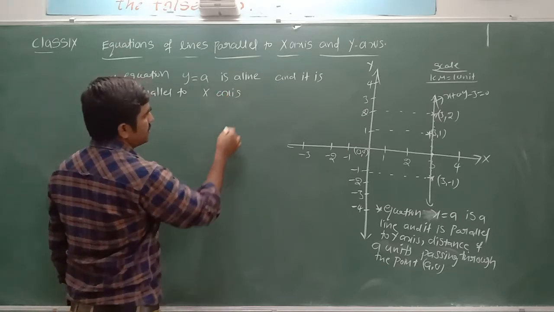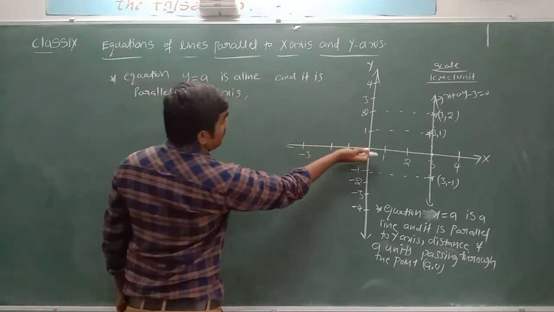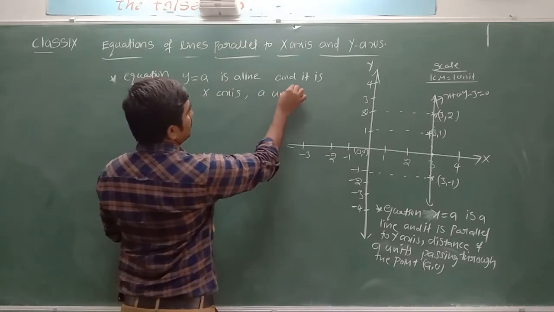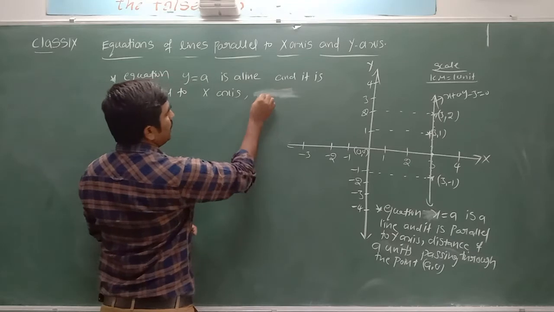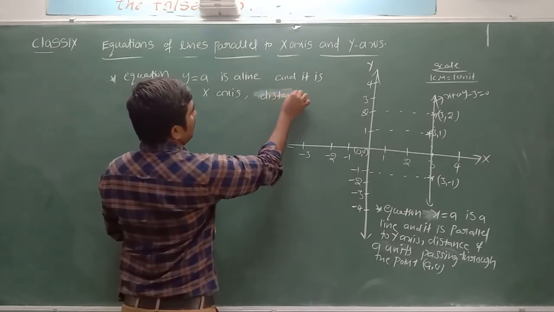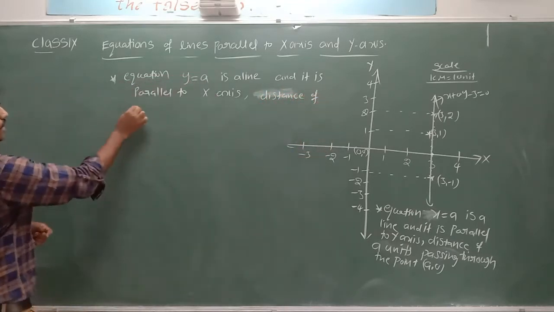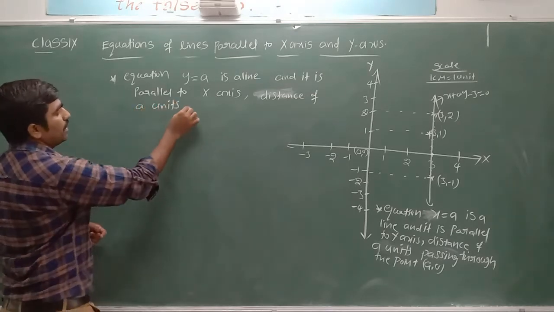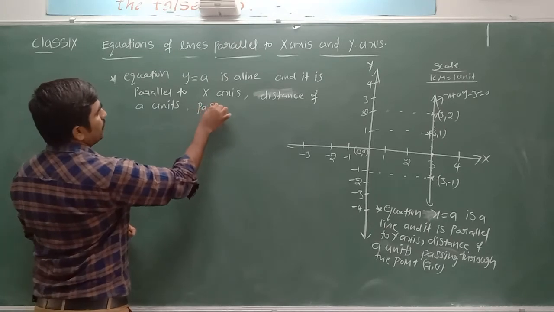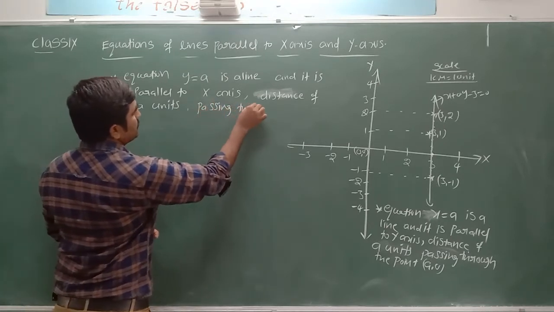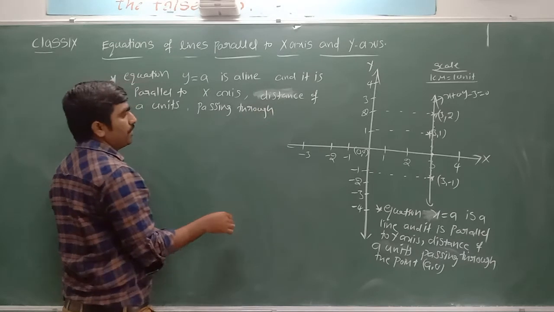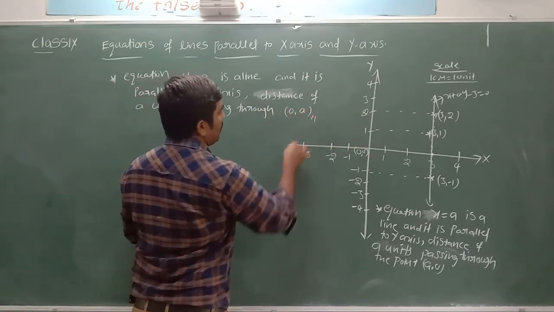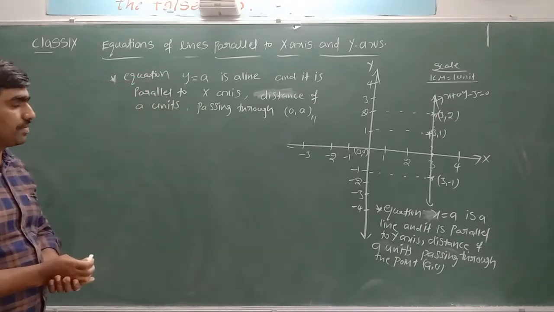And how many units away from the x axis? a units, the distance of a units, and it is passing through the point 0 comma a. That is the conclusion we can see here.